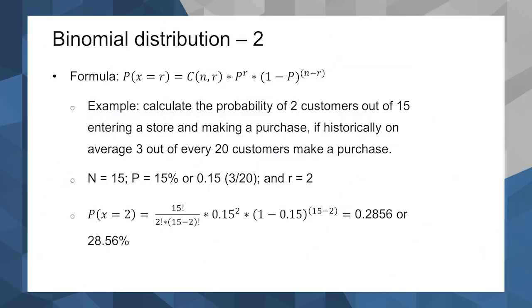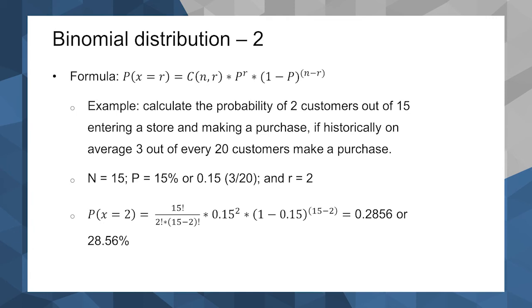So example here, calculate the probability that 2 customers will buy something out of the 15 that enter the store. Historically, we know that on average 3 out of every 20 make a purchase. So the first thing to see is look at the formula of the binomial distribution, and that is always the same formula.